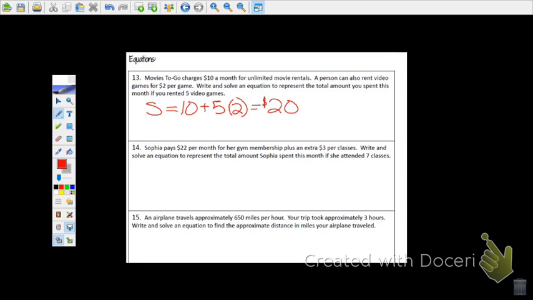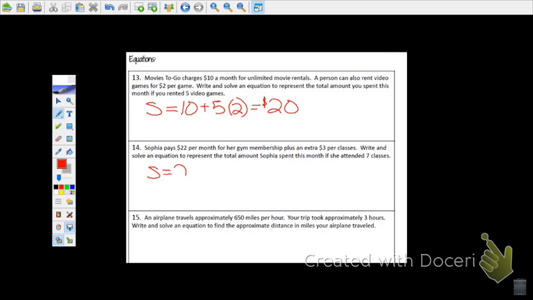Next one is very similar to the previous. Sophia pays $22 per month for her gym membership plus an extra $3 per class. Okay. Write and solve an equation to represent the total amount Sophia spent this month if she attended 7 classes.